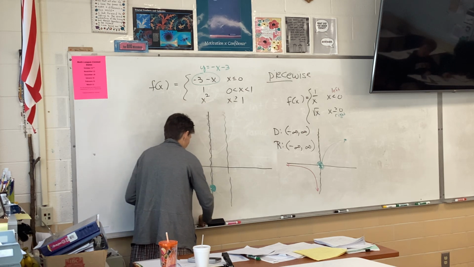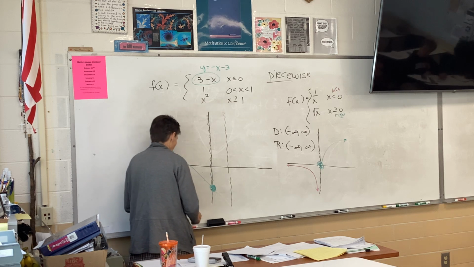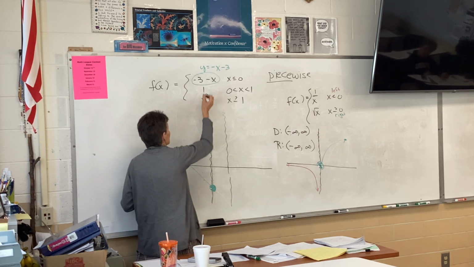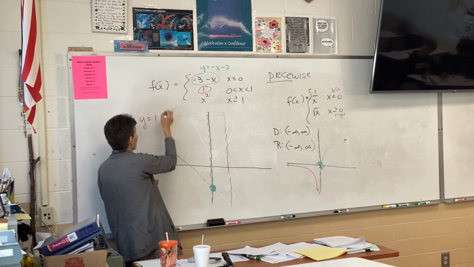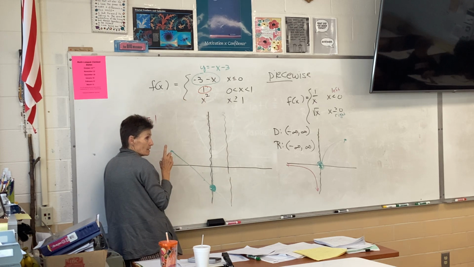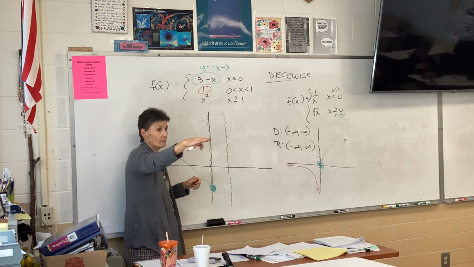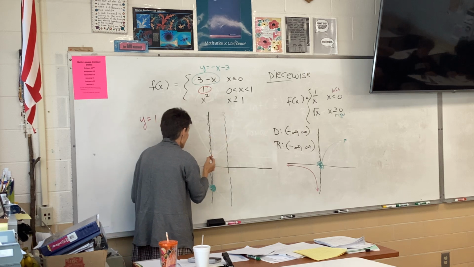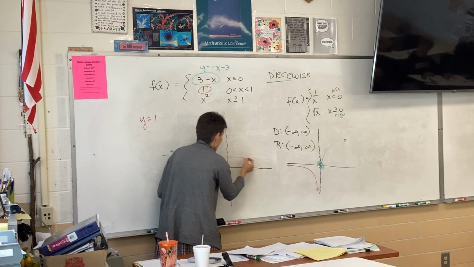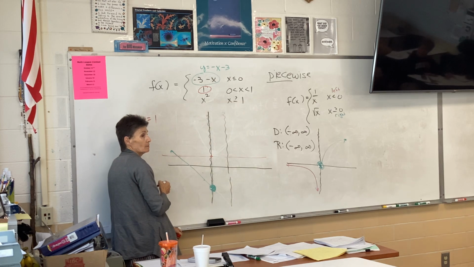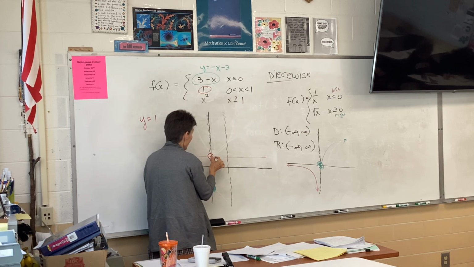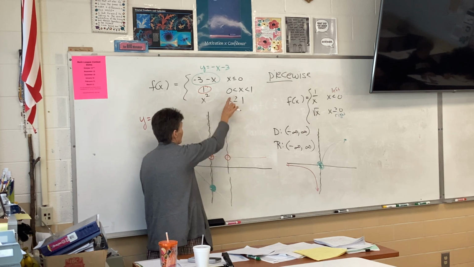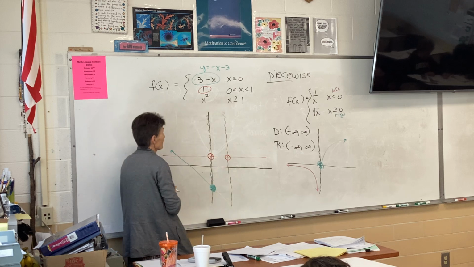Now, what in the world does this look like? Y equals 1. That's what it says. What is y equals 1? A horizontal line? Right? It intersects both of my squigglies with open dots.